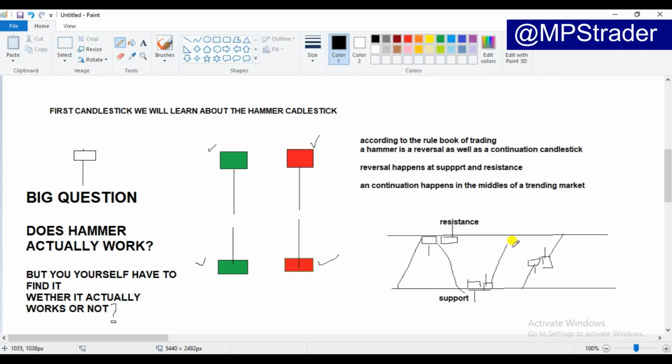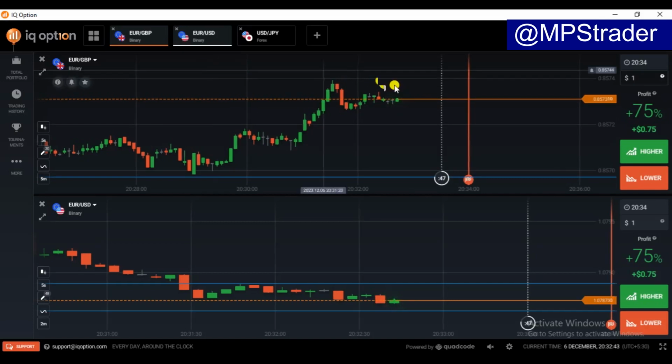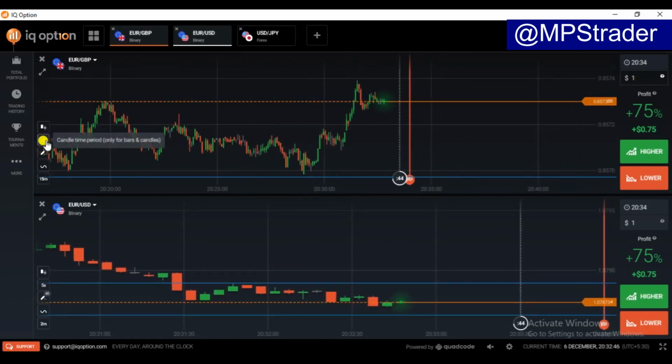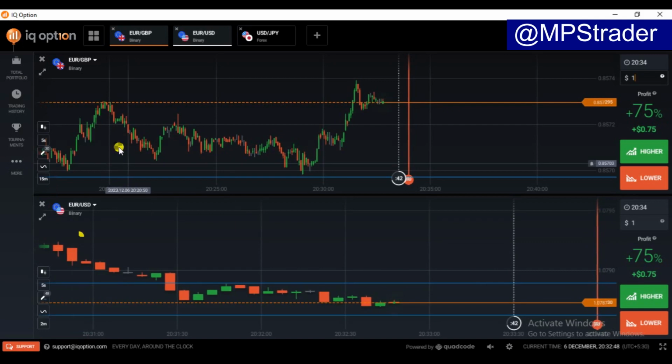Suppose the market is going upward, and there is a resistance and the hammer is formed, and we think that the market will reverse, but the market breaks the resistance level and goes directly up, and it's a loss for our trade. So why does this happen? This is the point where you have to find out yourself. So let's go with the live examples. It will take some time, but we will try to make some examples in here.